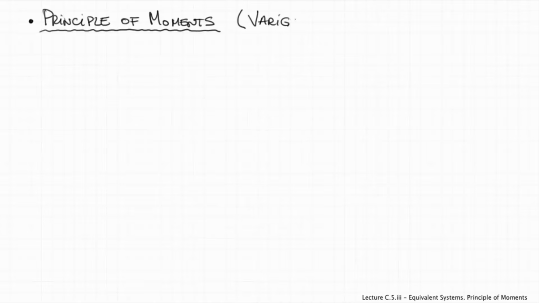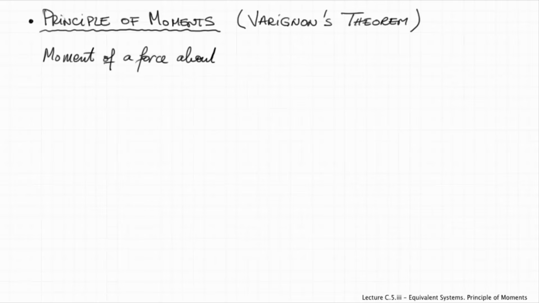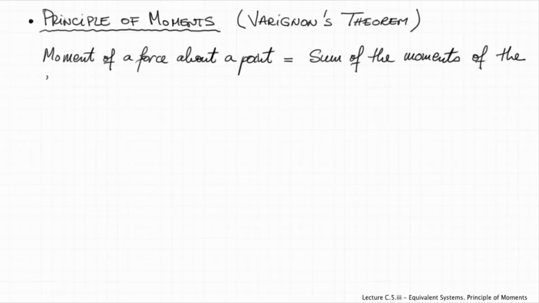This principle states that the moment of a force about a point is equal to the sum of the moments of the components of that force about the point about which we sum the moment.